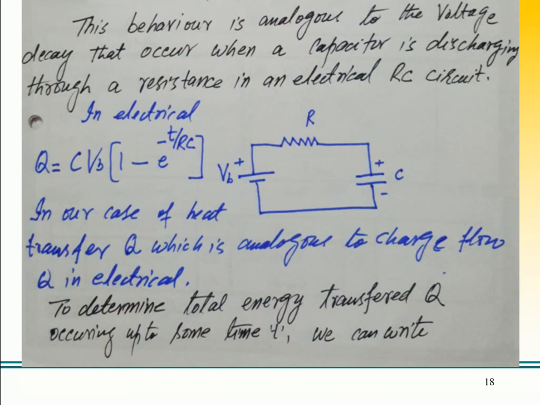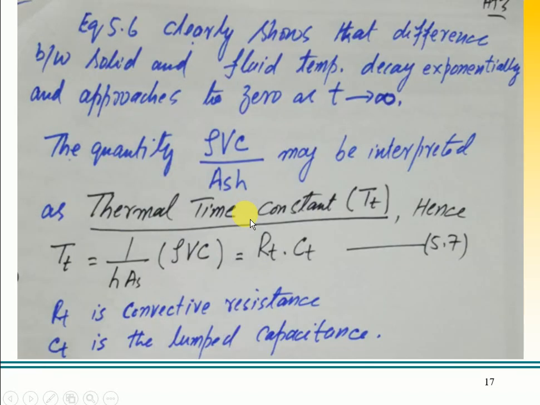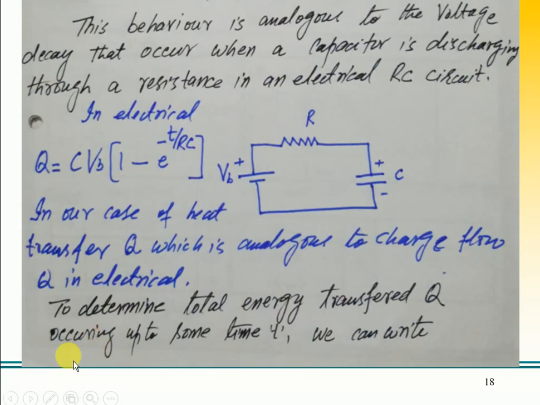So this is how the capacitor is being charged and discharged, right? The Q becomes CVb when t approaches infinity. So this, which is analogous to charge, is a similar equation to the one we have obtained from the lumped capacitance.